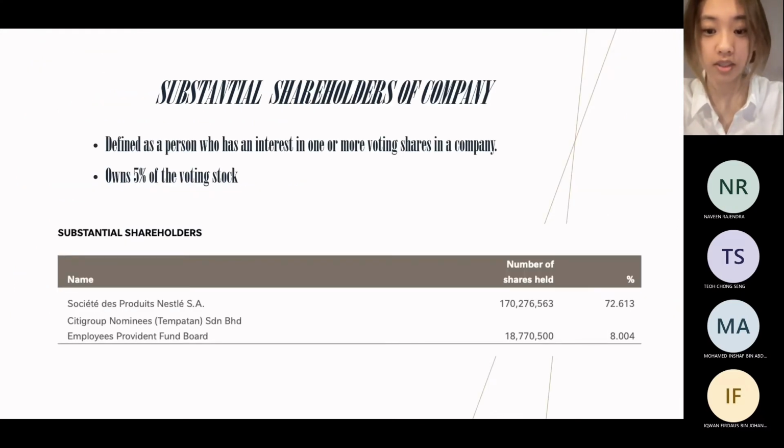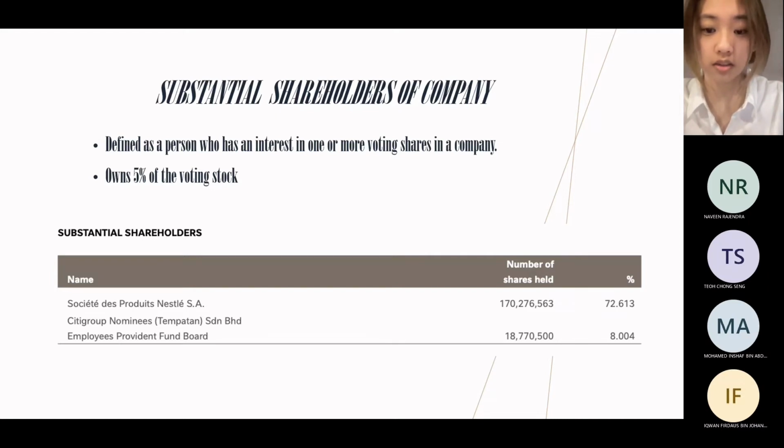Substantial shareholders mean, in relation to a company, a person who is entitled to exercise or control the exercise of 10% or more of voting power at any general meeting of the company.